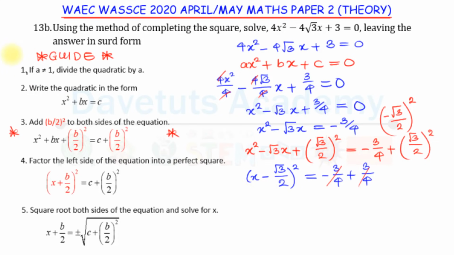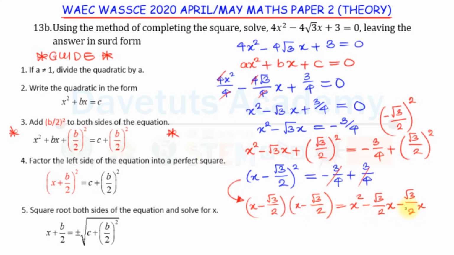Originally, if you expand this, it is nothing but x minus root 3 over 2 multiplied by x minus root 3 over 2. Expanding that, x times x is x squared, x times minus root 3 over 2 is minus root 3 over 2x, then minus root 3 over 2 times x is another minus root 3 over 2x, then minus root 3 over 2 times minus root 3 over 2.